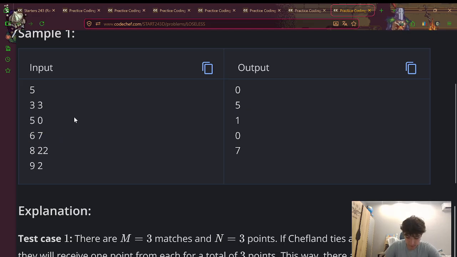7 and 6. So there, they have played 7 matches and got 6 points. So it could mean that, for example, if they played 7 matches, 6 of them could be draws and 1 of them could be a loss.